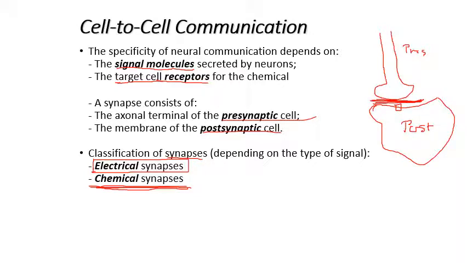This is the most common type of signaling in the nervous system. There is another type, electrical signaling, that's made up a little bit differently. It's not a release of chemicals, so we'll take a look at this first in these couple of slides, but then the rest of the lecture will be focused on the chemical synapses.